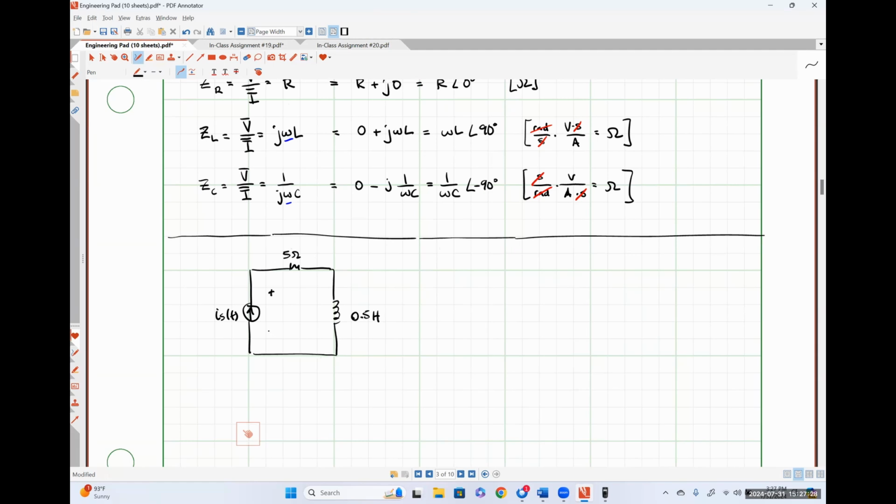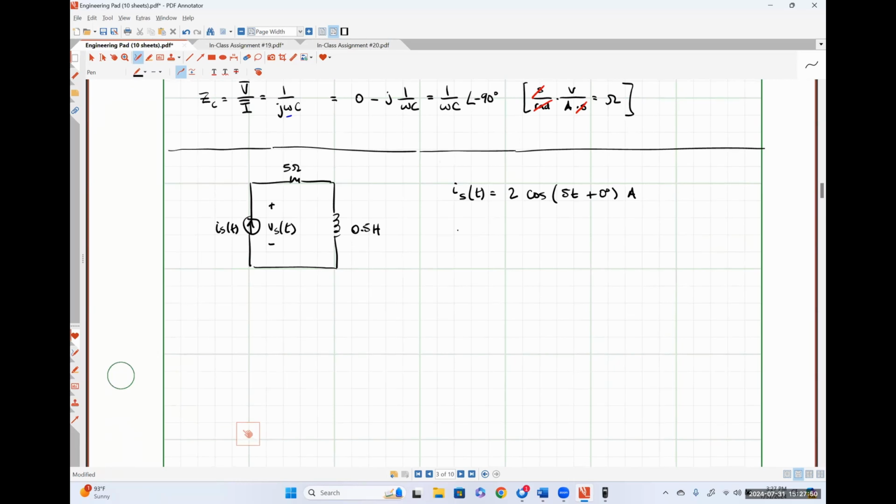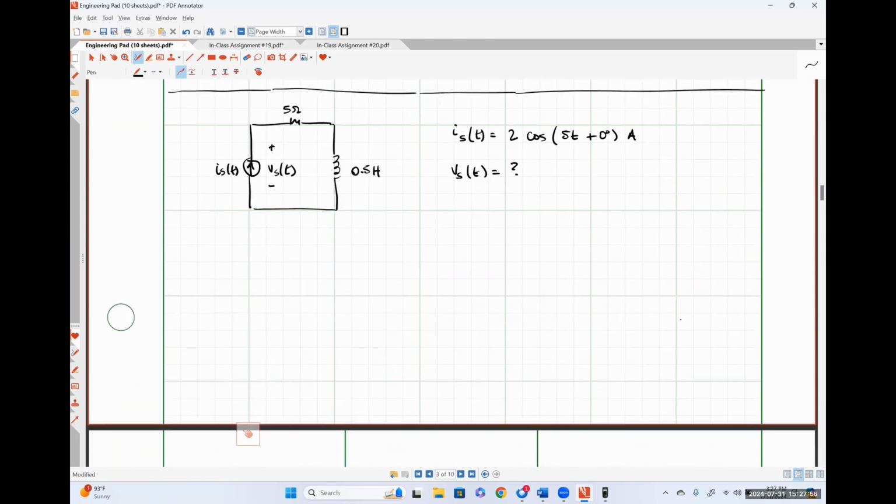We're trying to find the voltage drop across our source, and i_s of t is equal to 2 cosine 5t plus 0 degrees amps. Our goal was to find v_s of t.